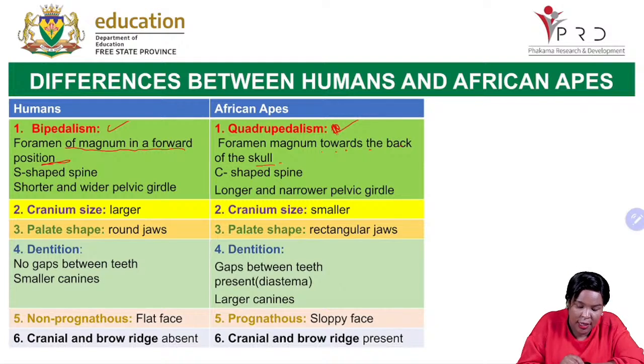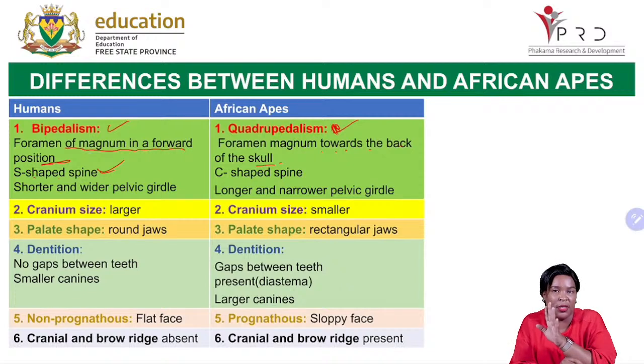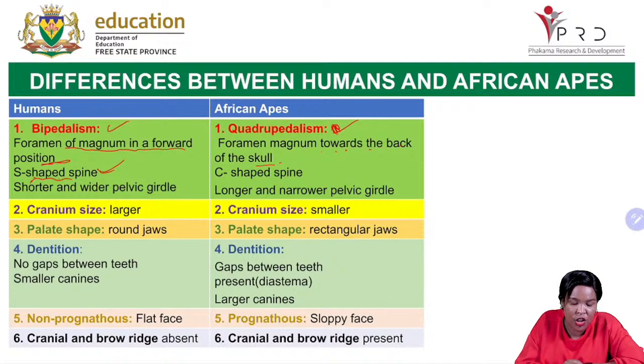Then, leading to what? Look at bipedalism. The vertebral column or the spine, not the spinal cord. When you say the spinal cord, you are talking about something else. You'd rather say the spine or the vertebral column. It is S-shaped, whereas with the African ape, the spine is C-shaped.